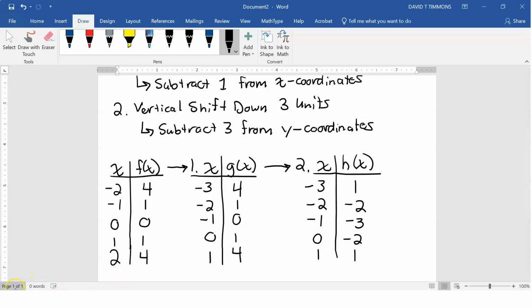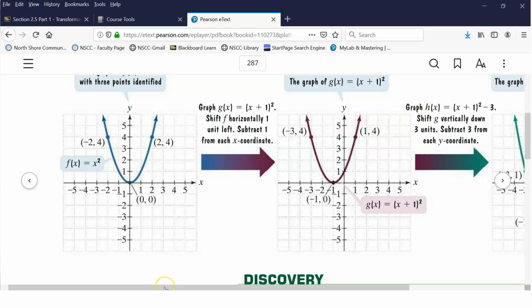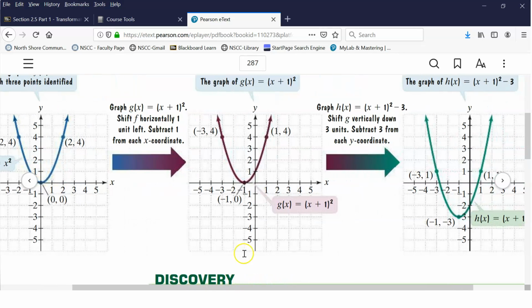And now let's go back to the text and look at the graph. As I've emphasized in the previous two examples, the text is going to show you these manipulations or transformations graphically each step, but they do the horizontal shift first. So notice there's our base function f of x equals x squared. It gets shifted to the left by 1 unit and then moved down 3.